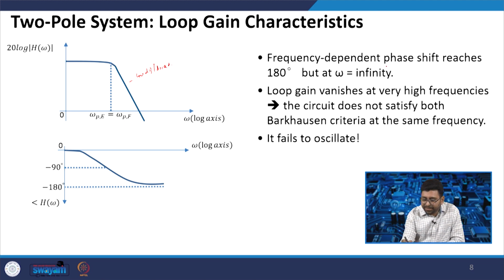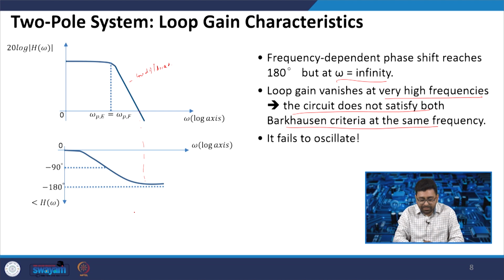So, the frequency dependent phase shift reaches 180 degrees, but only at very high frequency, or at infinity. So, the loop gain vanishes at very high frequencies and the circuit does not satisfy both Barkhausen criteria, because you are getting a phase shift, but it does not have sufficient gain to sustain the oscillation. So, it fails to oscillate.